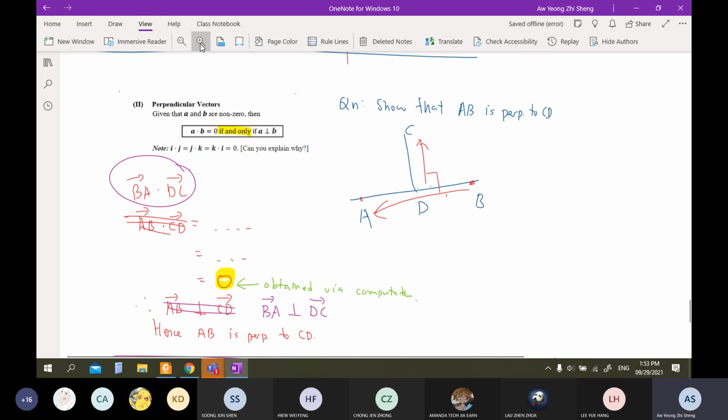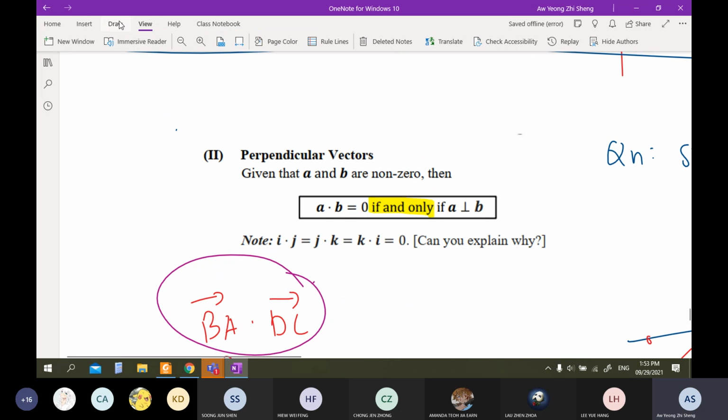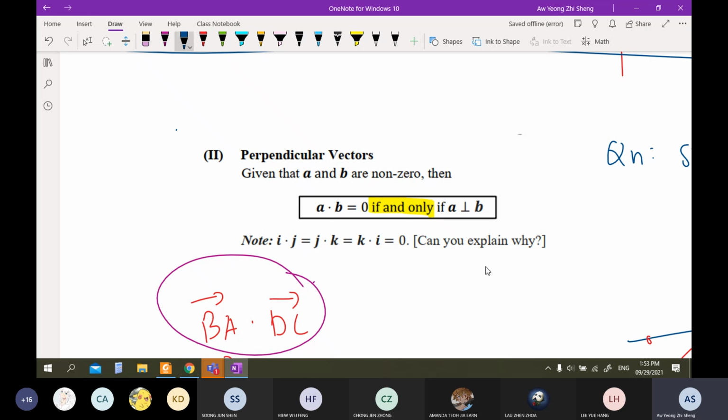Okay. Then there is this small note here at the bottom of the box. i dot j, j dot k, k dot i, they are each equal to 0. Can you explain why? It's easy. It's because i and j are perpendicular, j and k are perpendicular, k and i are also perpendicular. You can easily see from the 3D diagram here, x-axis, y-axis, and the z-axis.